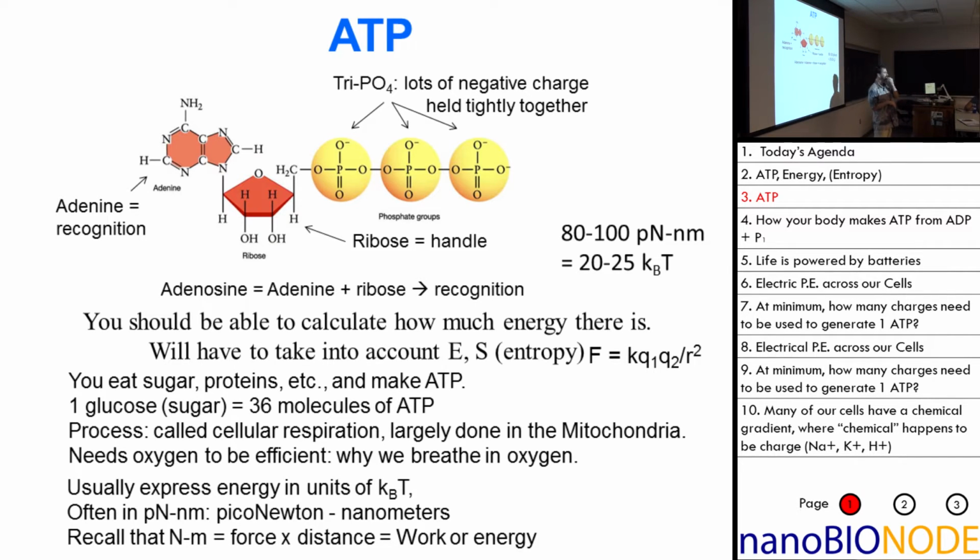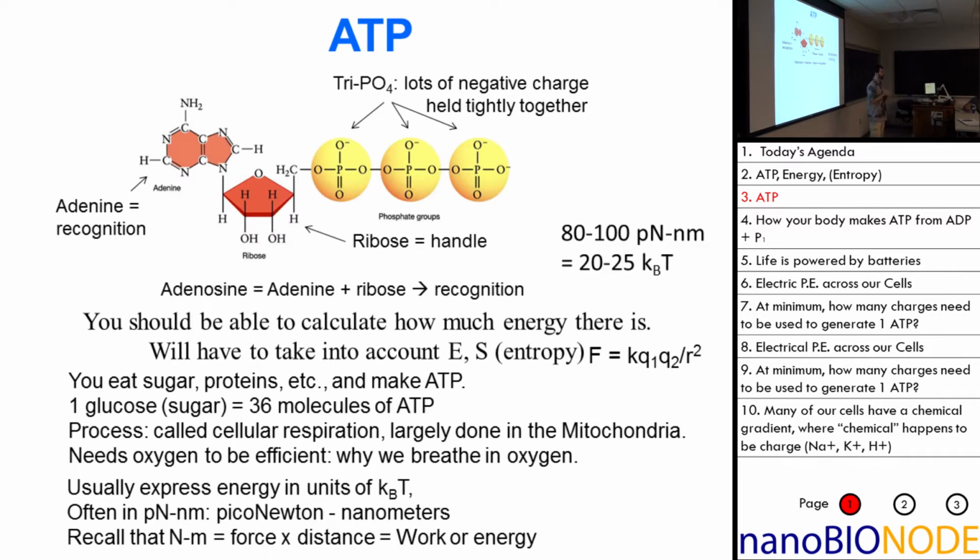Now, let's compare this for a moment to your gasoline engine. What efficiency does your car engine work at? That is, it takes a little bit of gas, and does a force and motion, gets your car moving. If you have a Prius, it goes like 60 miles per gallon.